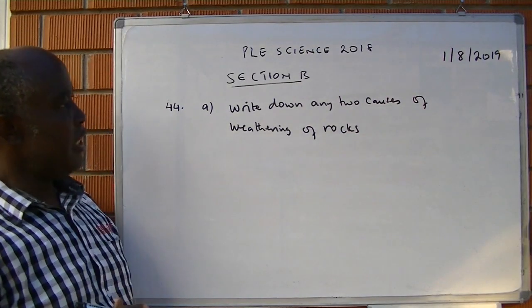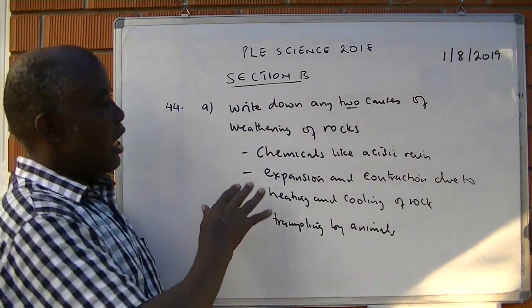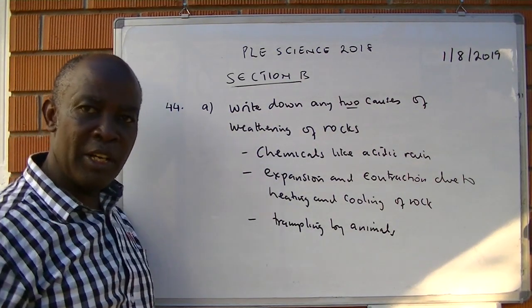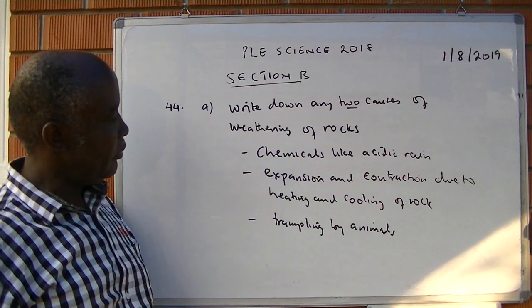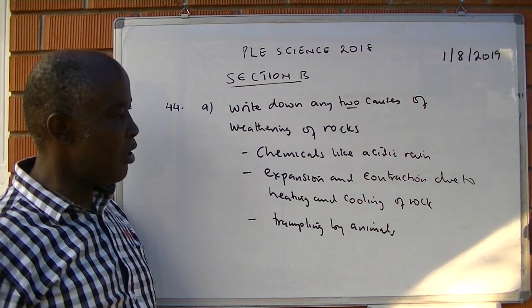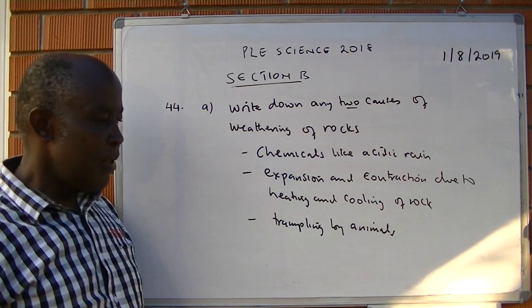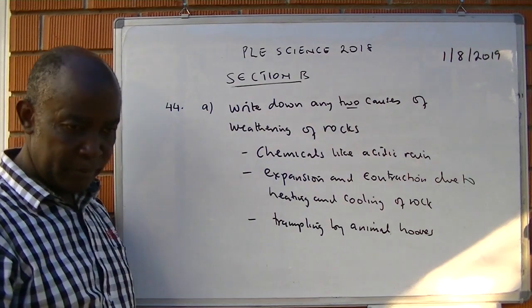Number 44A. Write down any two causes of weathering of rocks. Can be chemicals like acidic rain, expansion and contraction due to heating and cooling of rocks, trampling by animal hooves.